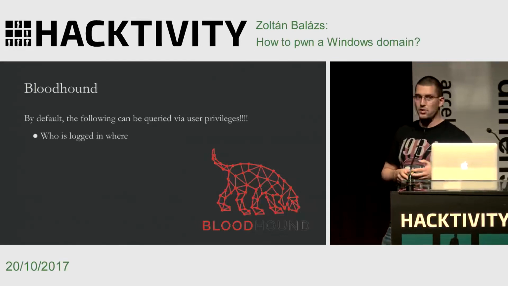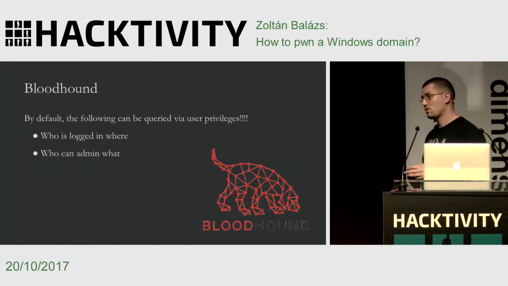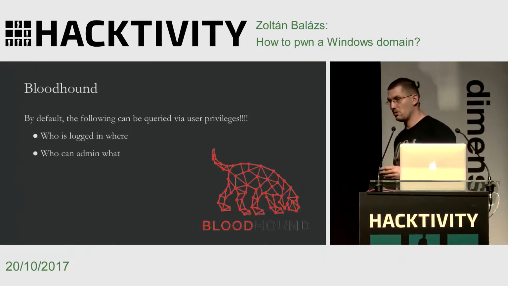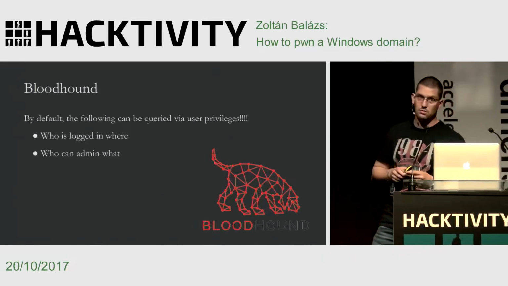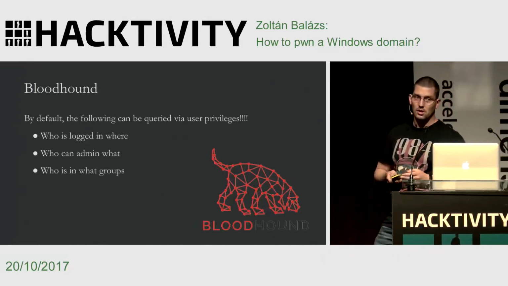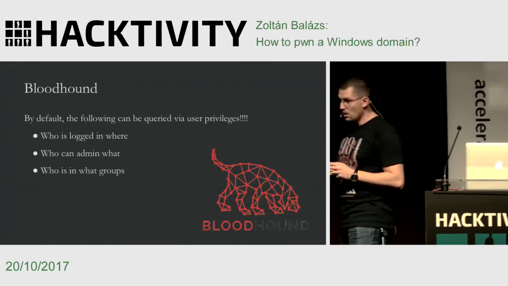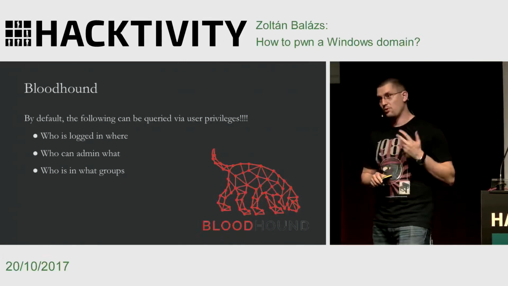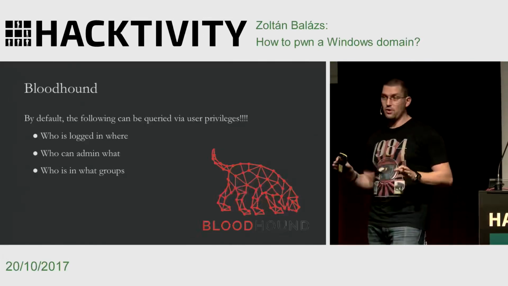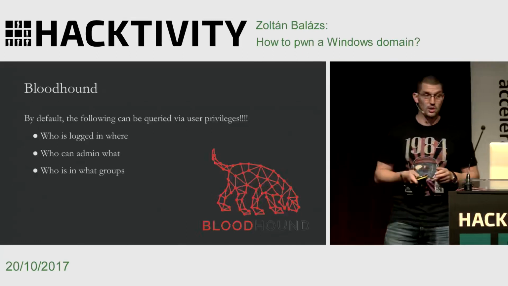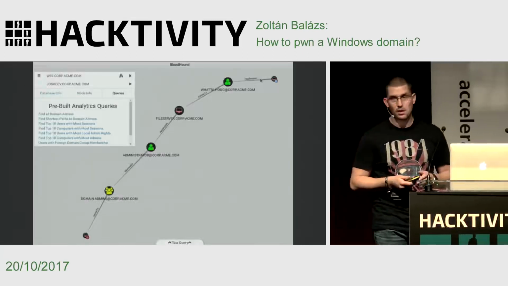You can ask who is logged in where. You can ask who can administer which machines. And you can ask who is in which groups. And if you have the answers to these 3 questions, you know basically everything about the domain which you need to hack the domain itself.